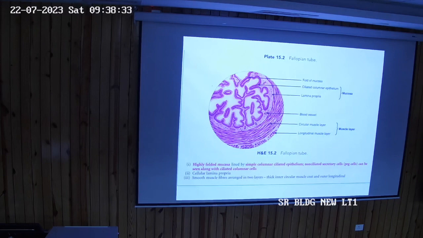Secondly, it also provides transport media to both. That is the major function of the fallopian tube. When we take the transverse section of the fallopian tube, as I told you, it is about 10 to 12 centimeters long, the transverse section is showing manifolds.